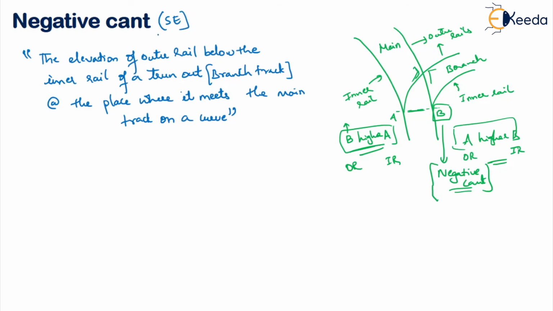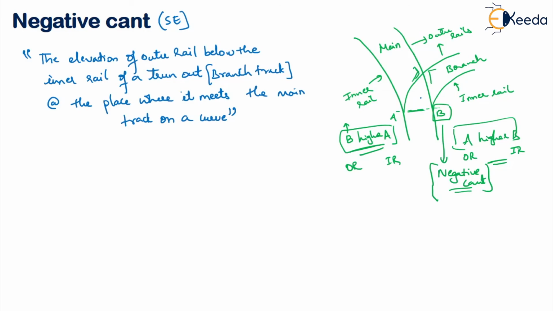So what we have to do, to prevent derailment, is that the speed on both the tracks must be restricted. Particularly on the turnout of the branch track, which is constructed at a curved portion of the main railway track, you should be very careful and the speed should be maintained.